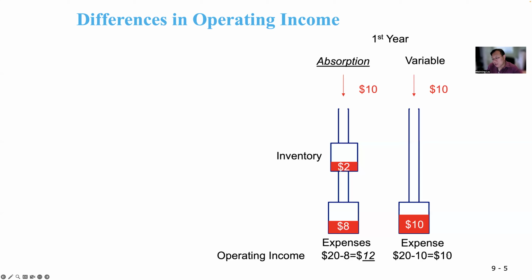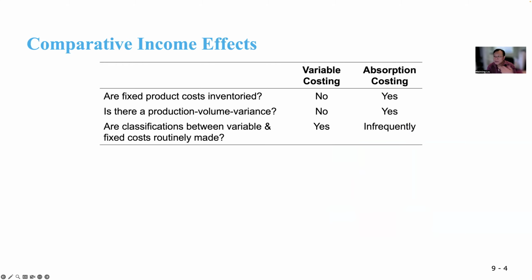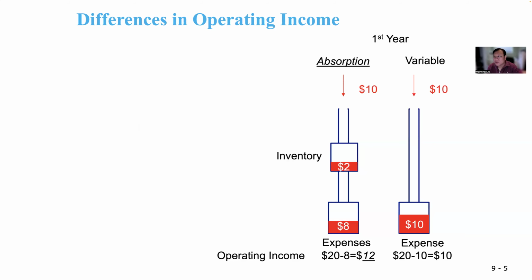Okay. So let's take a look at absorption, right? First, this fixed manufacturing overhead cost will go to the inventory, right? Only those costs capitalized in those products that are sold turn into cost of goods sold. So suppose 80% of the production in the first year was sold during the first year.